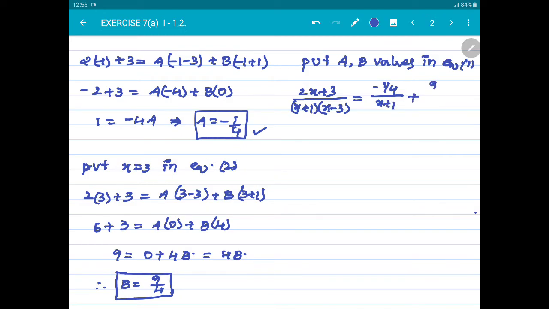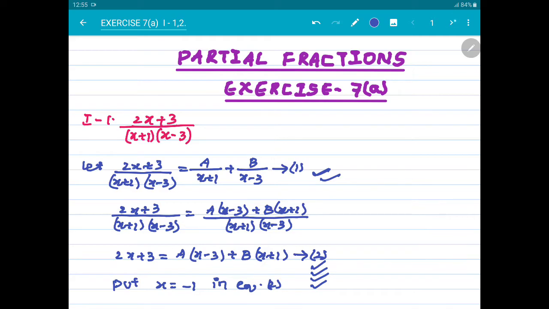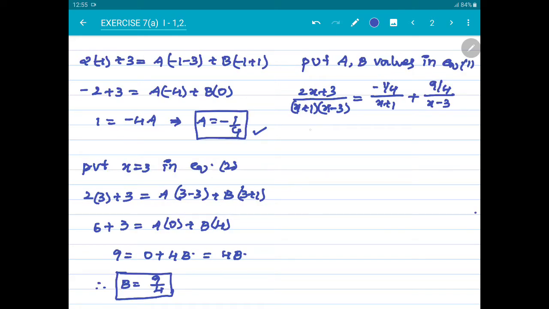In place of b, we substitute 9/4, divided by x - 3.